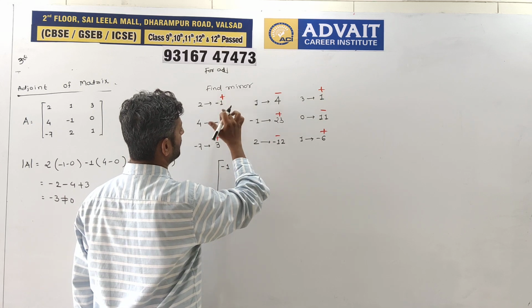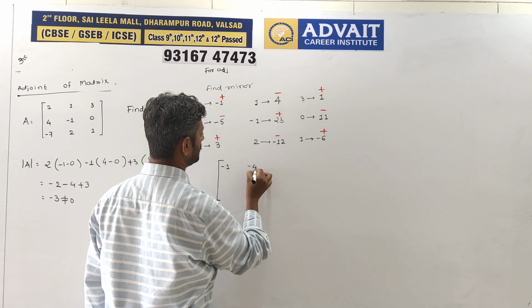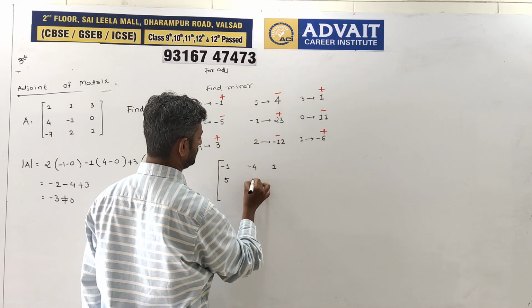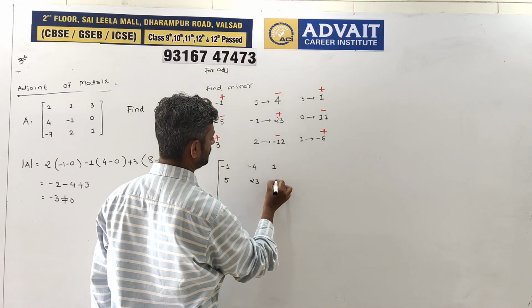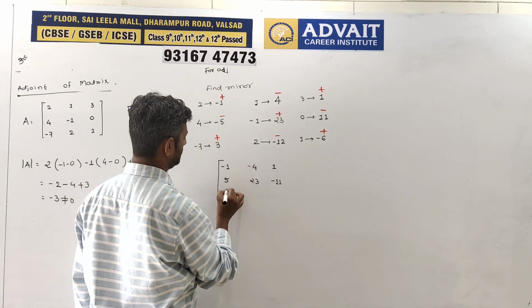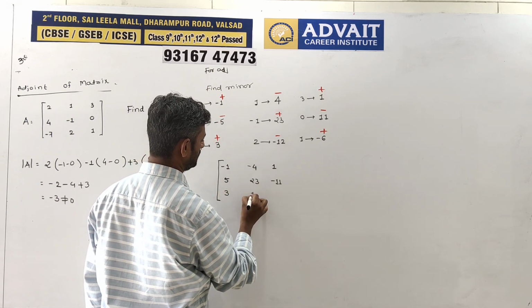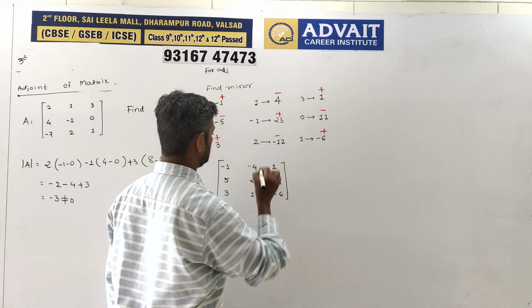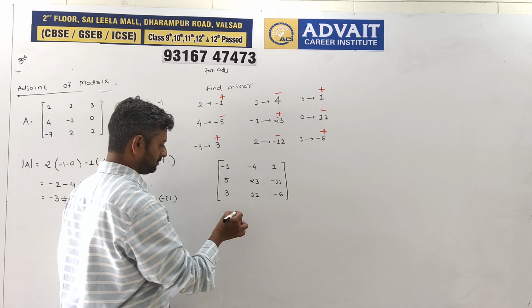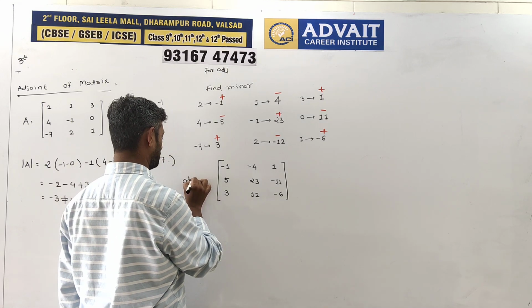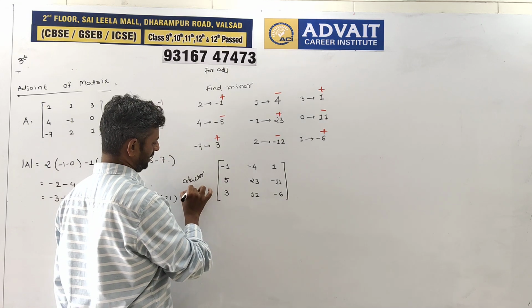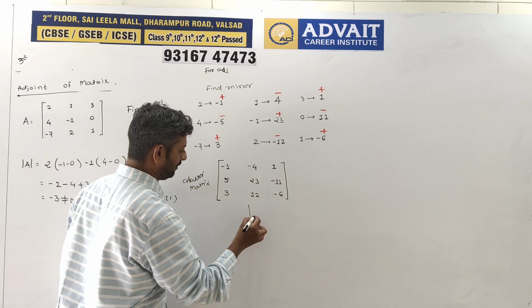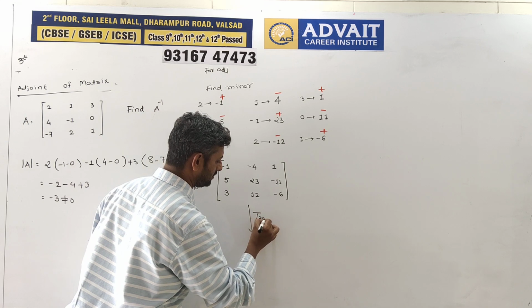Minus 1, you have to multiply, don't change directly. Then if you take, this is the cofactor matrix. Now adjoint means the transpose of this.